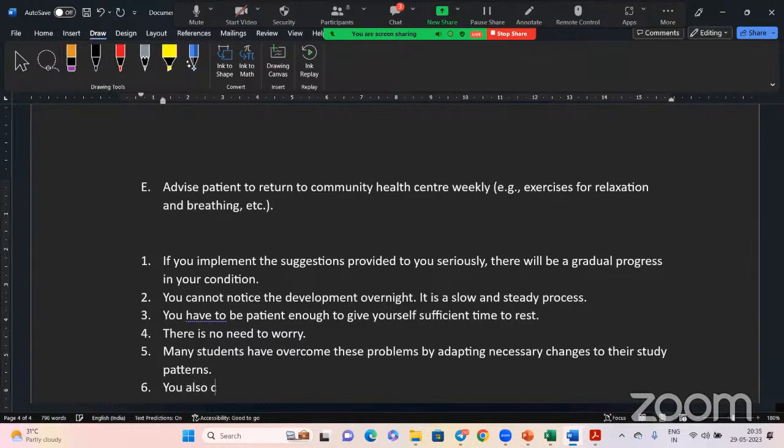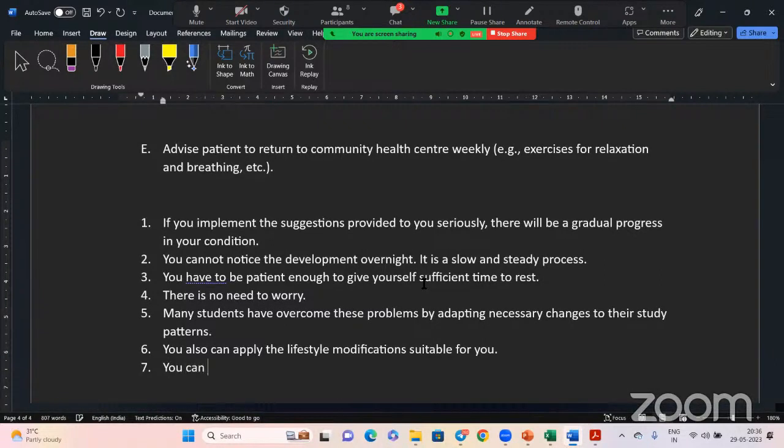You also can apply the lifestyle modifications suitable for you.